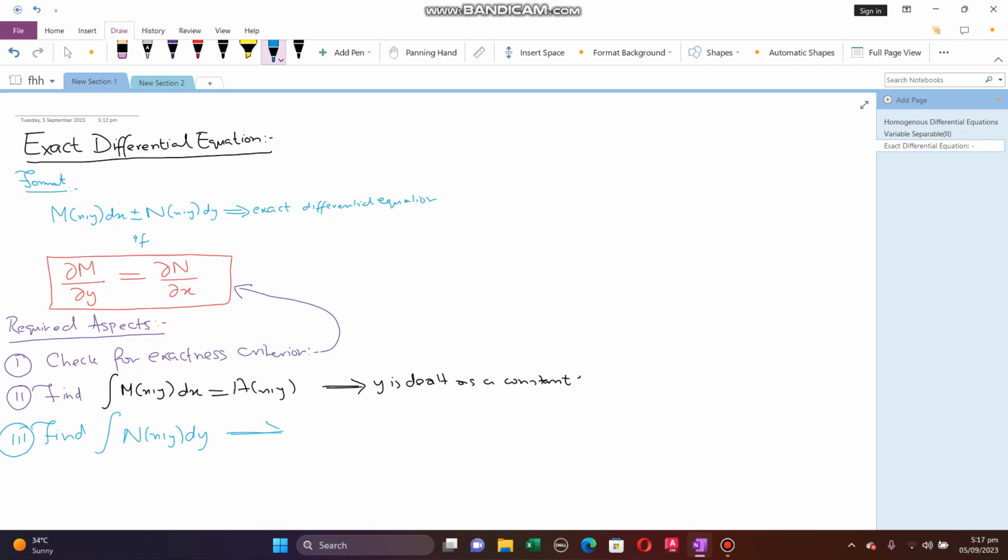But the criterion that's supposed to be kept in mind is that we only take the terms of N that are free of x. It is supposed to be well kept in mind, because when we integrate the N term with respect to dy, we are not supposed to include the x terms.